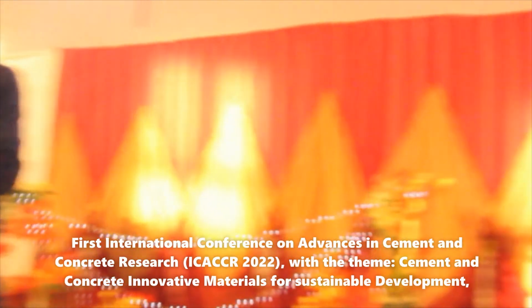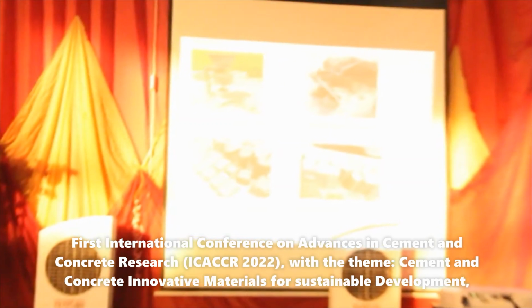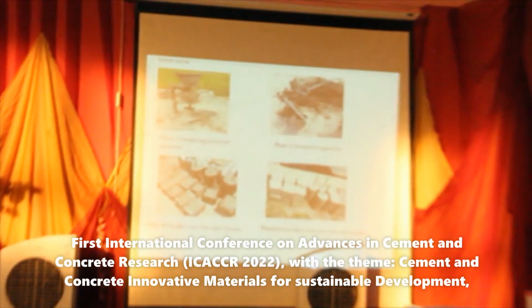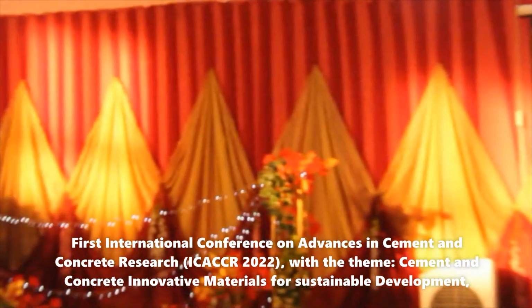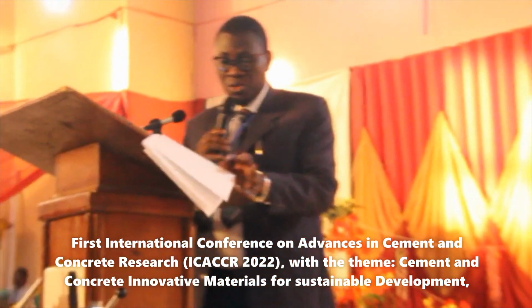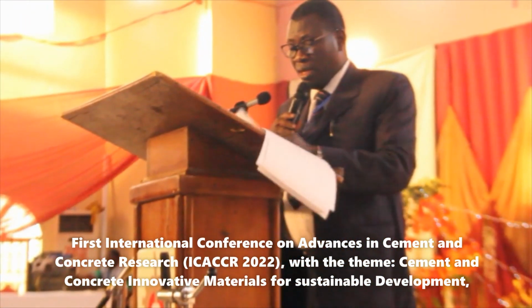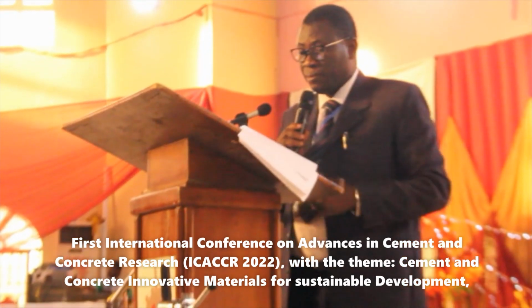We did slump test and compacting factor on the fresh concrete, as well as the compressive strength and the pull-out test on the hardened concrete. You see some of the plates showing some of the things that were done. And eventually we came out with the following results.